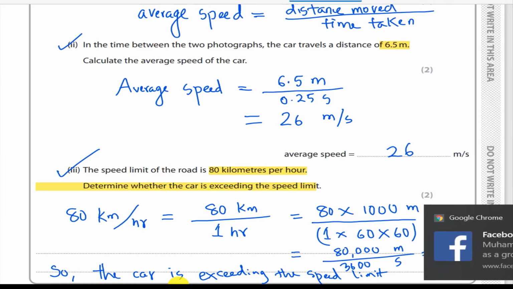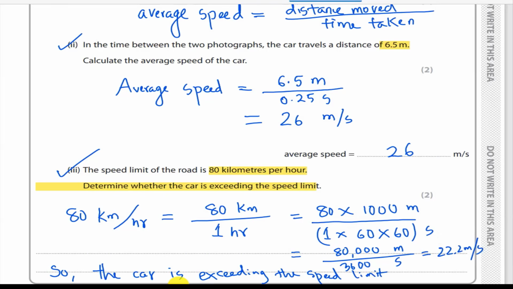Speed limit. So 80 km per hour means 22.2 meter per second. So here speed of the car is 26 meter per second, which is more than the speed limit. So the car is exceeding the speed limit.